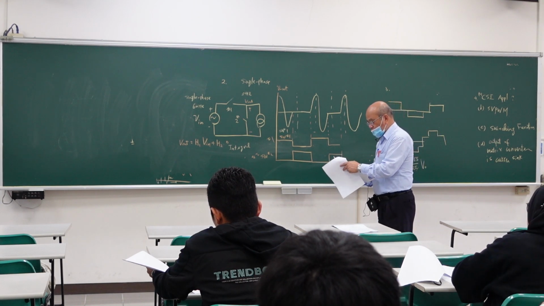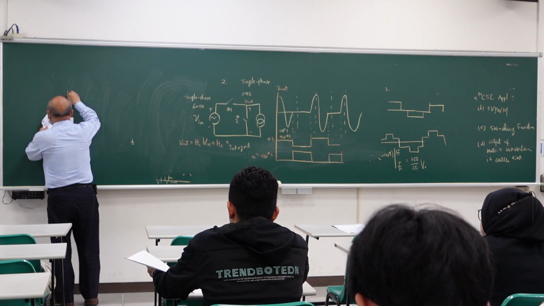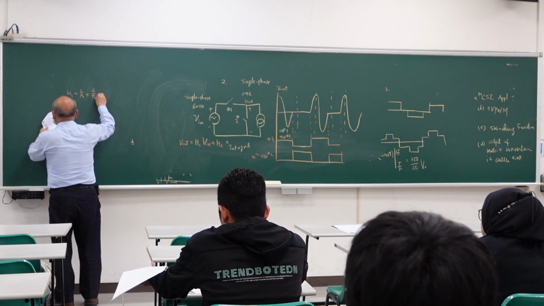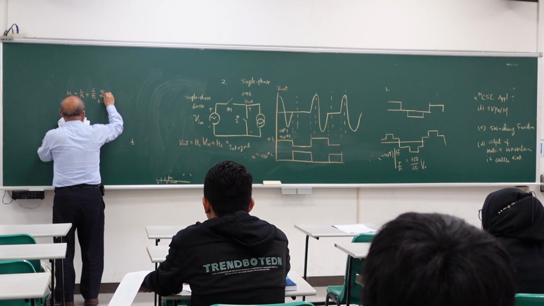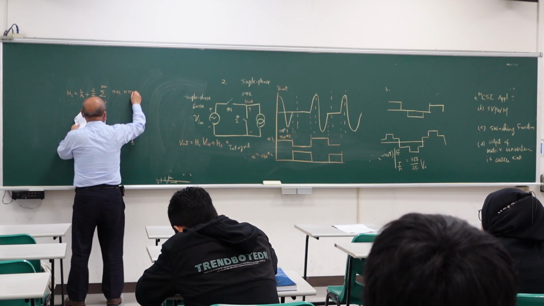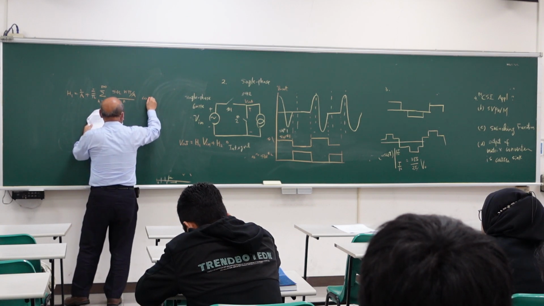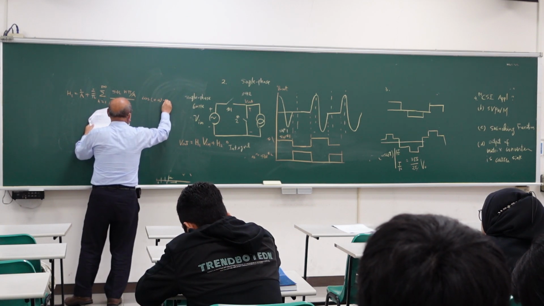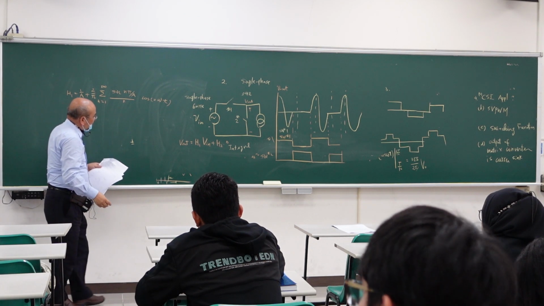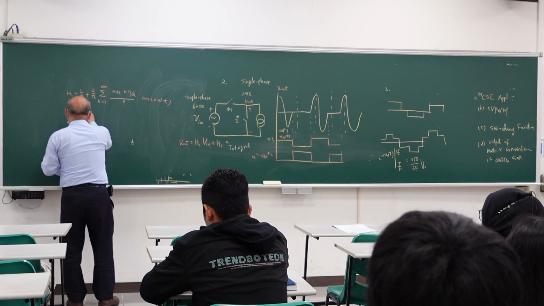Then now we want to calculate the H1. Like this. We learned that before. And then it is half-half, so A is equal to 2.